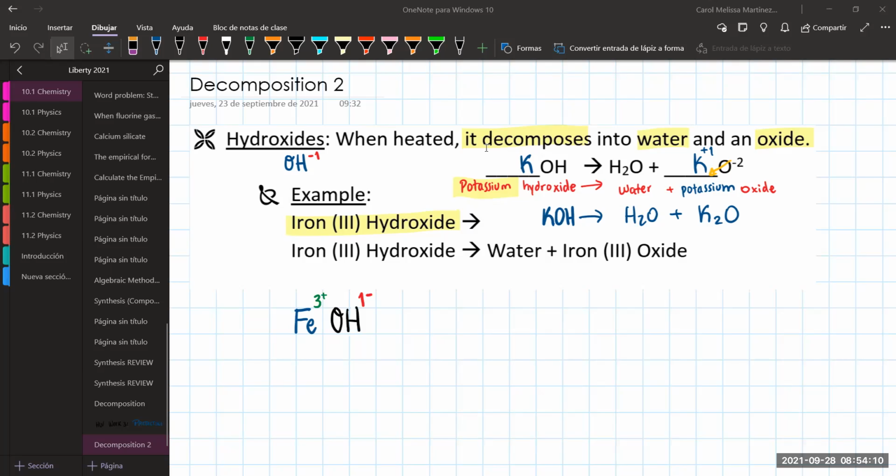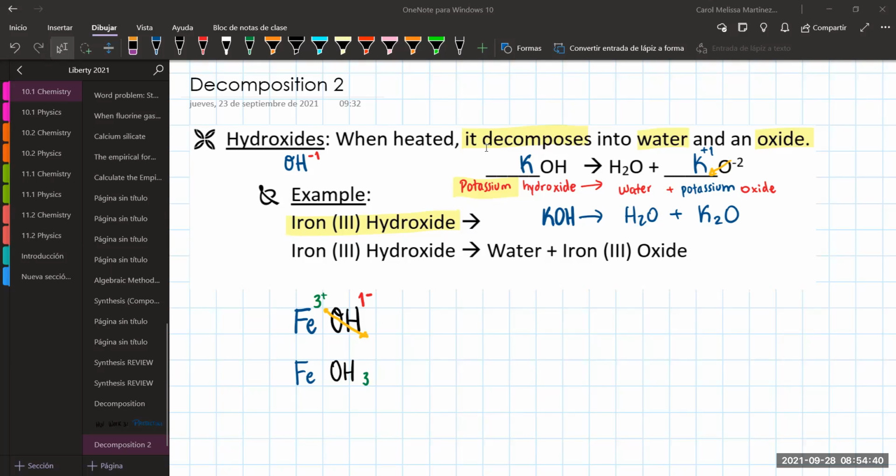So the charges of 1 are going to be ignored, but you will crisscross only the ones that are different than 1. So in the end, iron 3 hydroxide is Fe(OH)3, and this 3 is coming from iron.